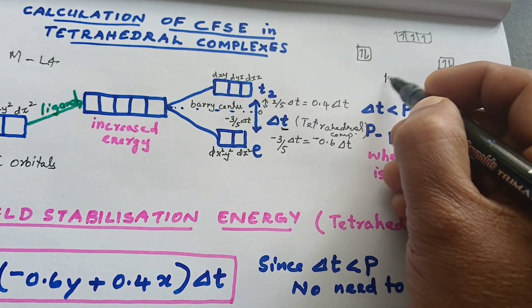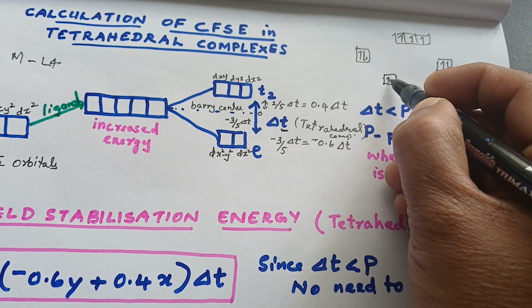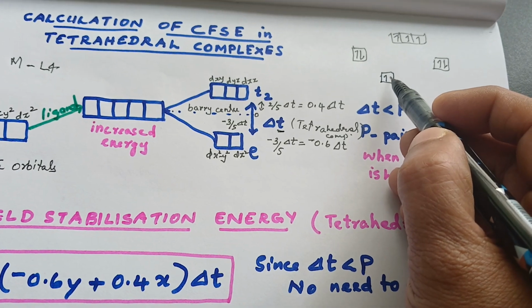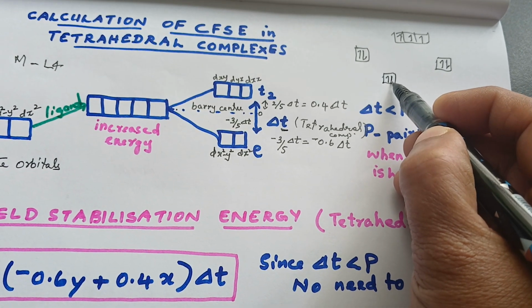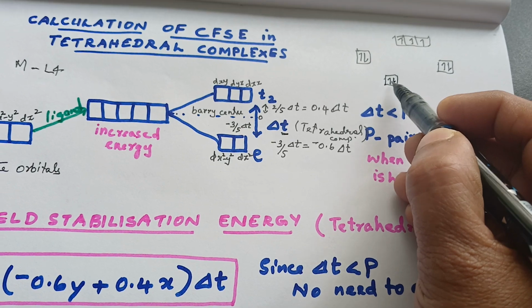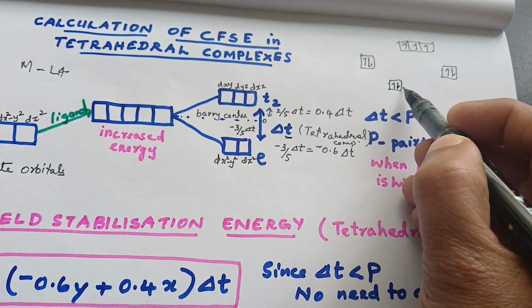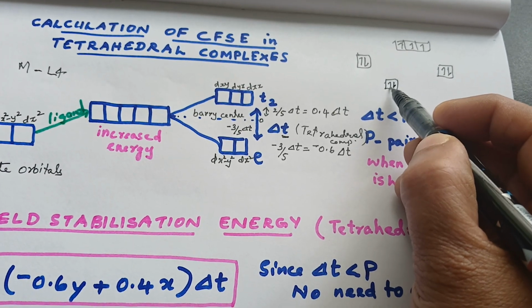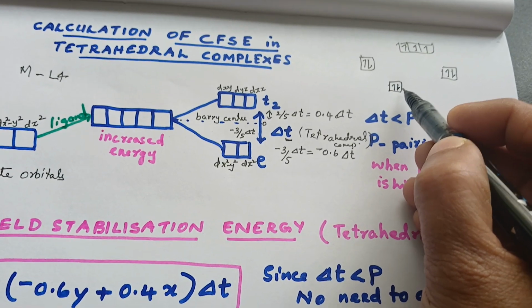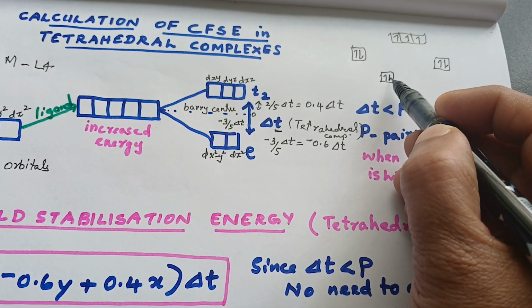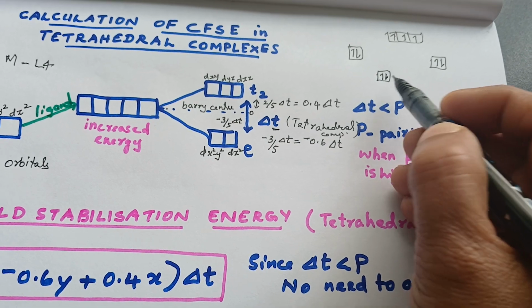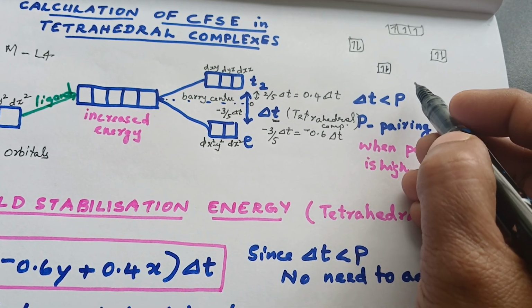An orbital having a single electron like this will be said to be paired if another electron comes in here. That is the capacity of an orbital, 2 electrons. So if there is already one, one more electron can be placed here. But in order to place the second electron here, you need a certain amount of energy.